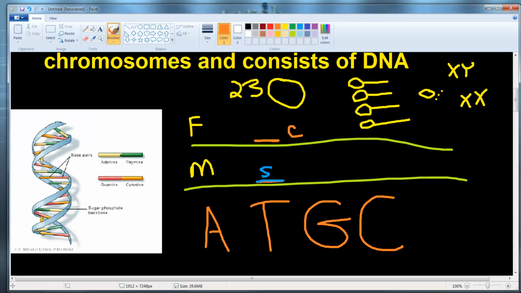And one aspect of this is that the adenine, the A, always pairs with the T, and the guanine always pairs with the C. So each one of these steps in this kind of circular ladder that's twisting along consists of either an A-T pair or a C-G pair. And one strand then is the complement of the other strand.